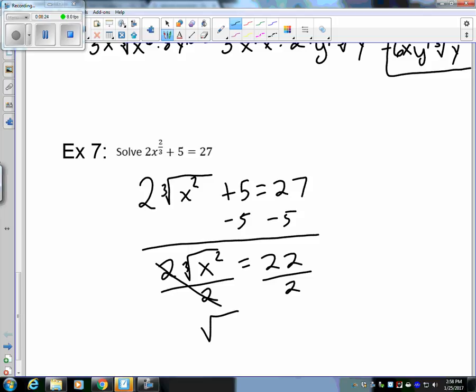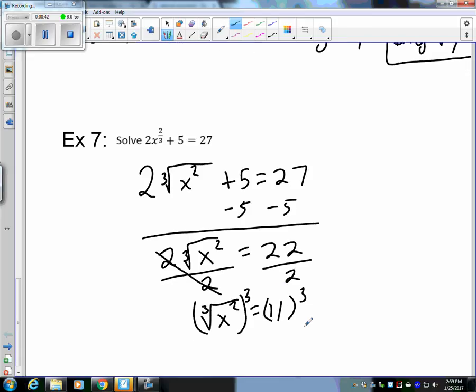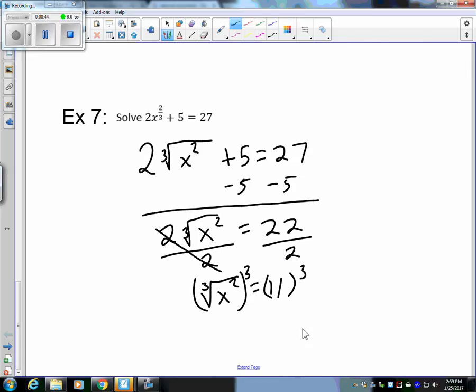Cube root of x squared equals 11. You gotta cube this. 11 cubed. It's 1,000. My goodness, 1,331. But bet one of you knew that. One of you out there knew that answer.